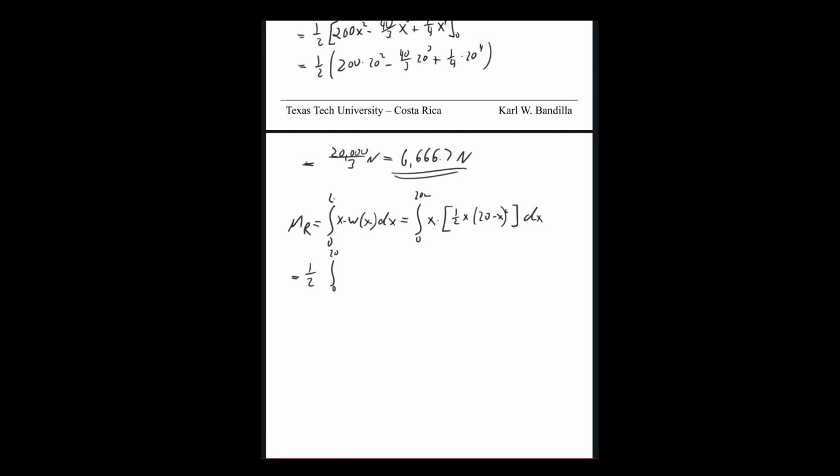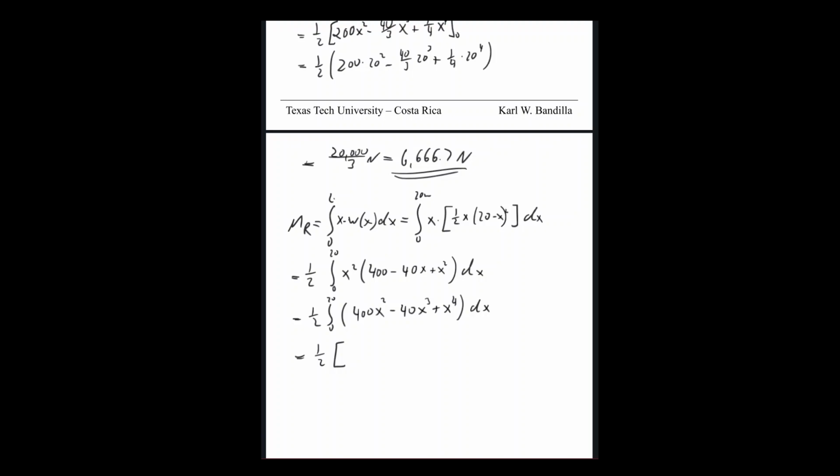Then we would have x squared times, again we can FOIL this out, 400 minus 40x plus x squared, dx. That is equal to 1/2 times the integral from 0 to 20 of 400x squared minus 40x to the third, just multiplying the x squared in there, plus x to the fourth, dx.